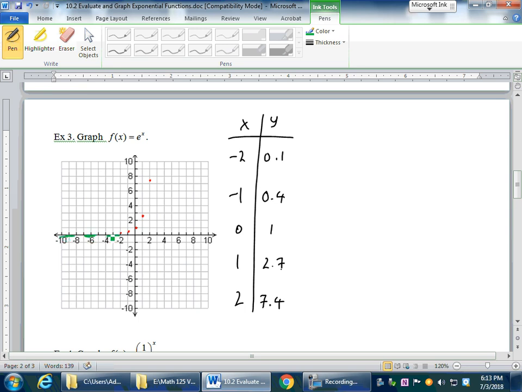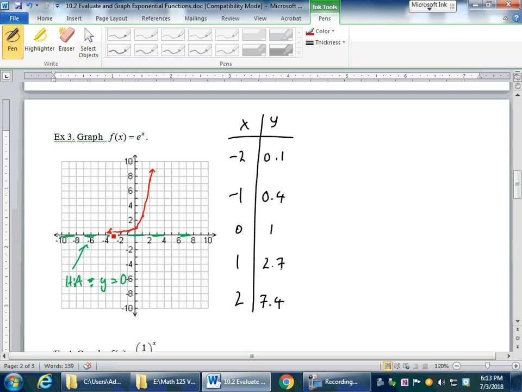So here's my horizontal asymptote again. Horizontal asymptote y is equal to 0. You have to write it in equation format because these are lines. And now I'm graphing my exponential graph. So this will be going up this section and then going down.